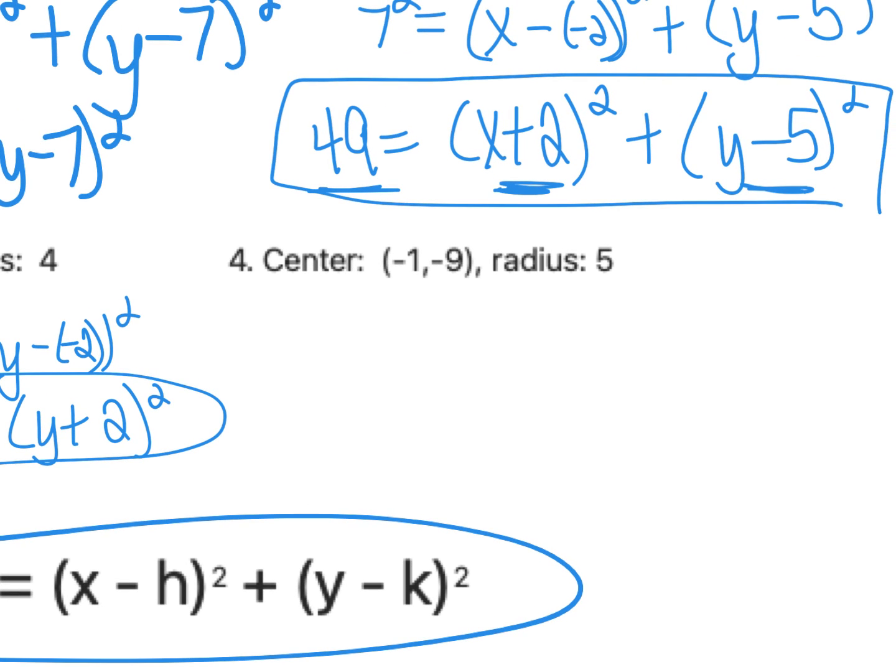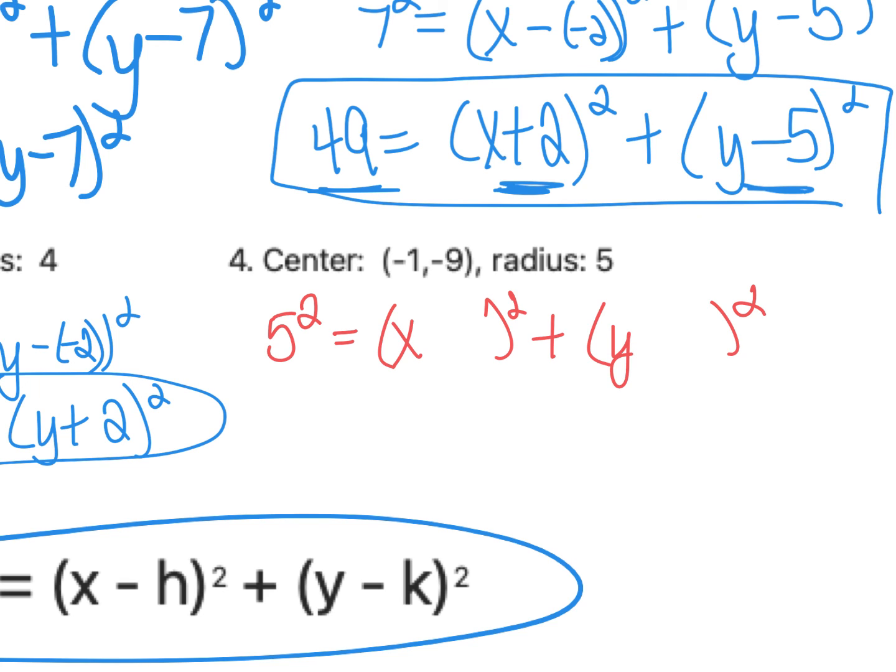And then the last one here, we've got a center at negative 1, negative 9, and a radius of 5. So our r squared is going to be 5 squared equals. Okay, we're going to have 2 sets of parentheses squared with a plus sign in between them. We're going to have an x and a y.